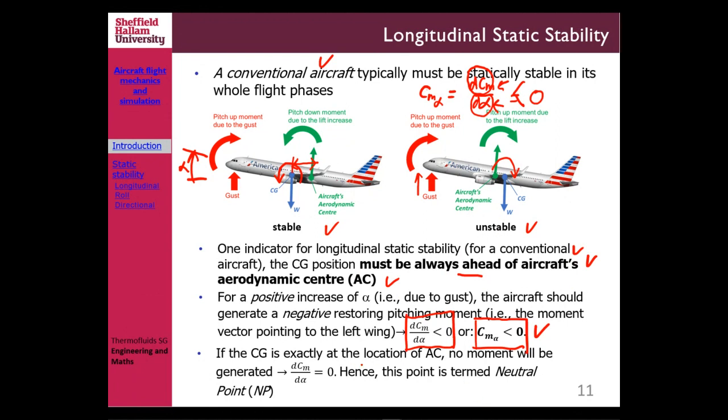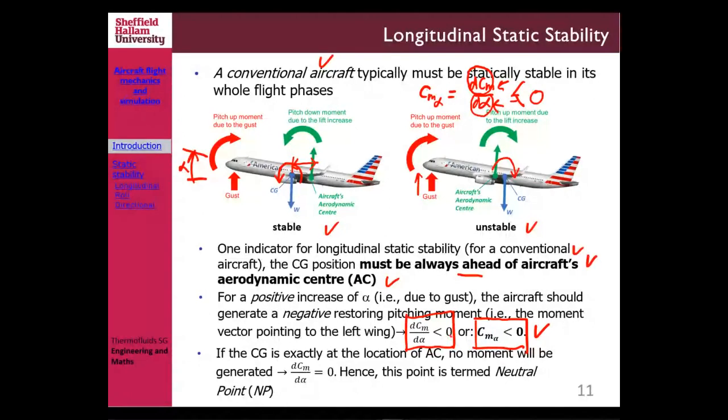So if the CG is exactly at the location of the aerodynamic center, which is imagine those green forces, right, the same location as the blue forces, which is your weight, then obviously whatever happens with the tendency or alpha, there is no tendency to put it back, because obviously that force is right at the CG location.